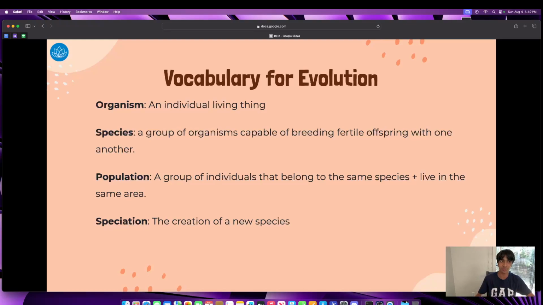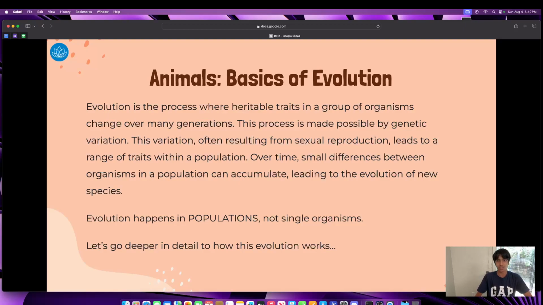Dogs can't really breed that many fertile offspring with wolves, for example. And same with orangutans and different monkeys to humans. This is speciation. Humans cannot have fertile offspring with an orangutan, as you know, and that is the creation of a new species. So here is the basics of evolution for animals.